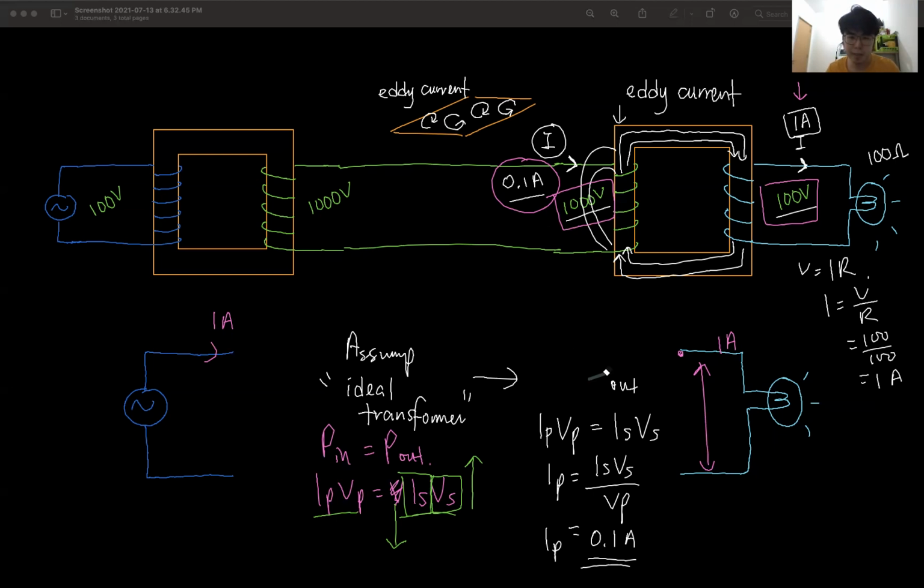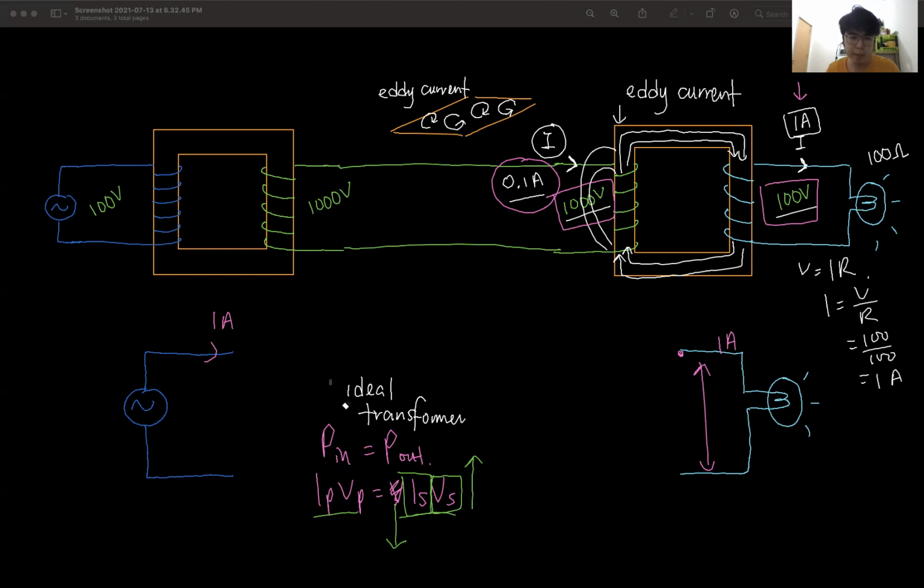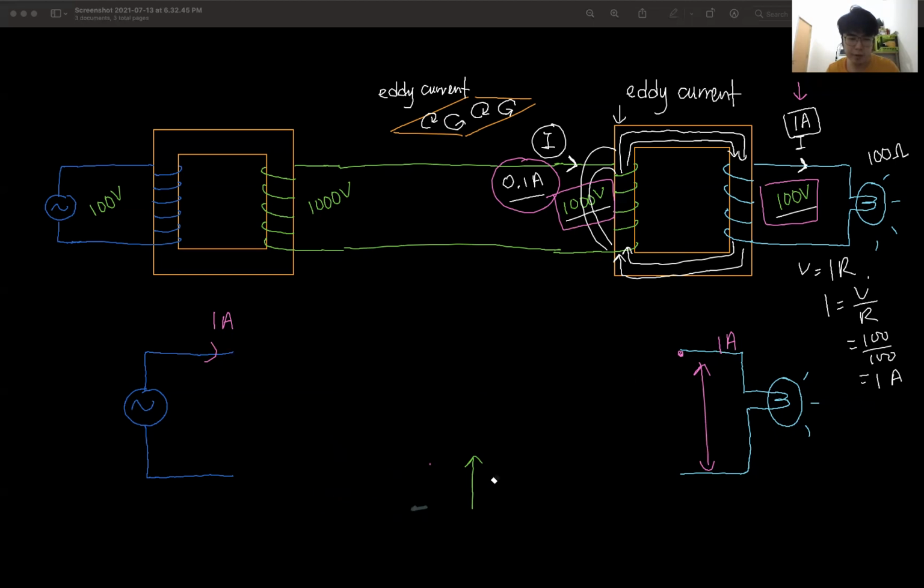This is from the mathematical point of view, right? So let's understand more why, when I step it up, the current really decreases. Let's focus on the concepts. Now this is the transformer: primary coil, secondary coil.